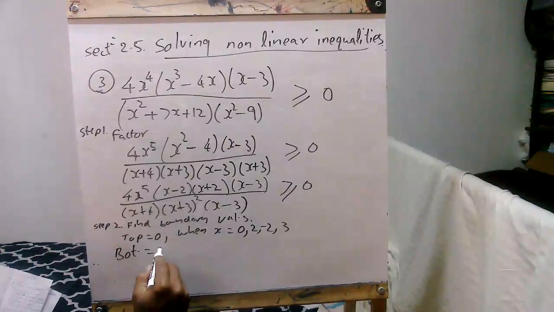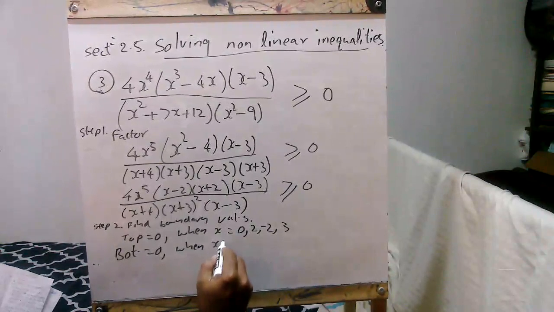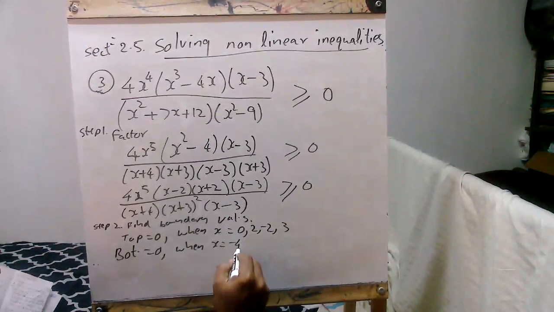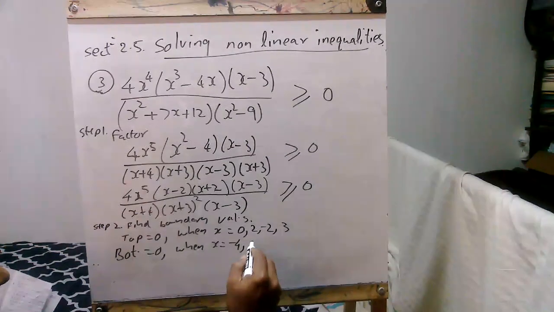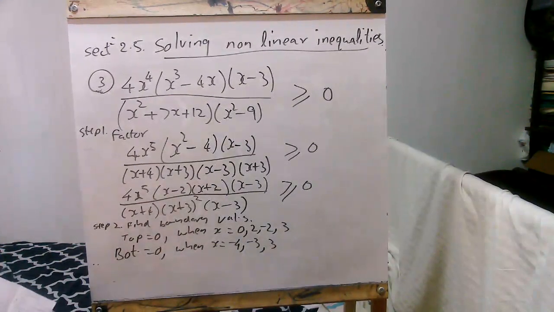Bottom equal to 0 when x equal to -4, -3 and 3.